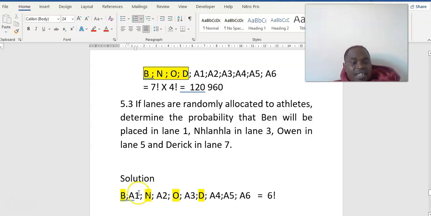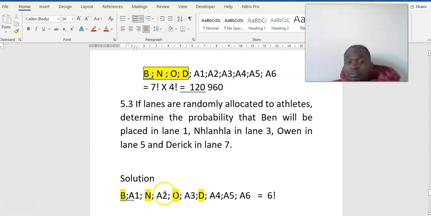Alright, so I just made one arrangement. Then lane 3. Lane 3 is Klankla. Klankla in lane 3. Lane 4: 1, 2, 3, 4.